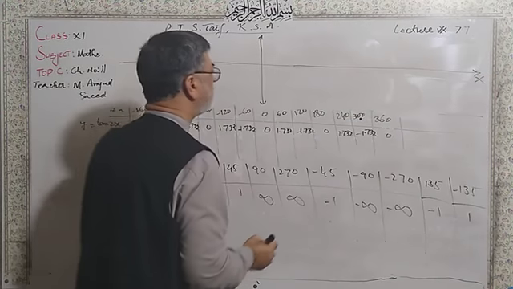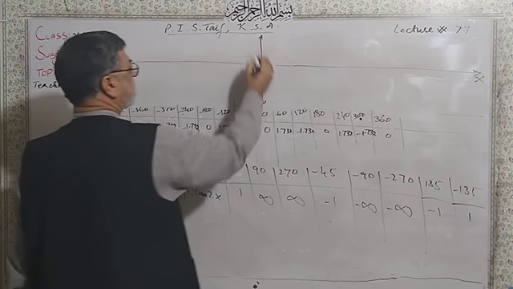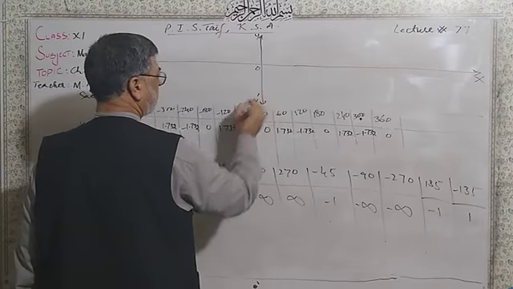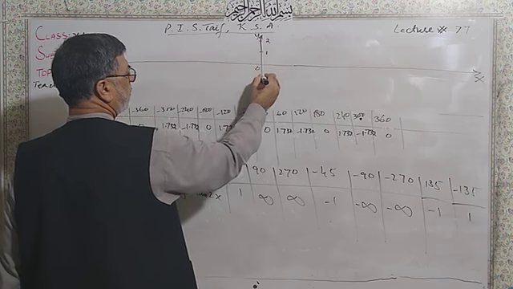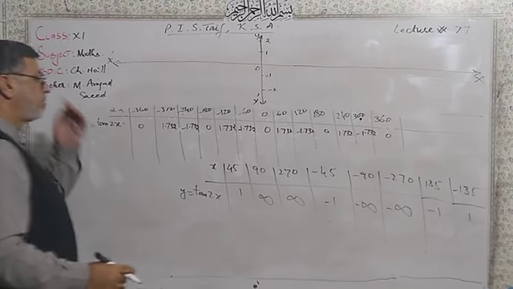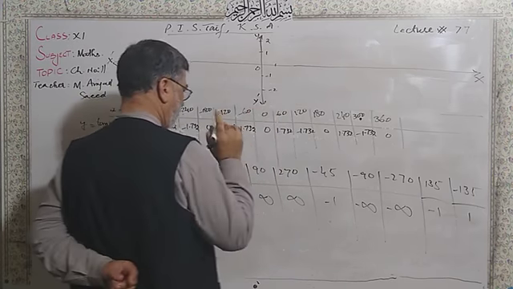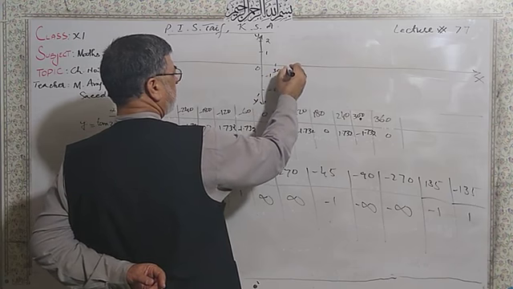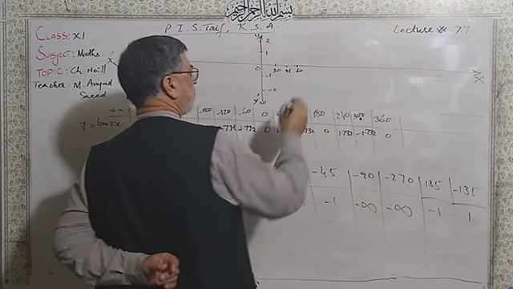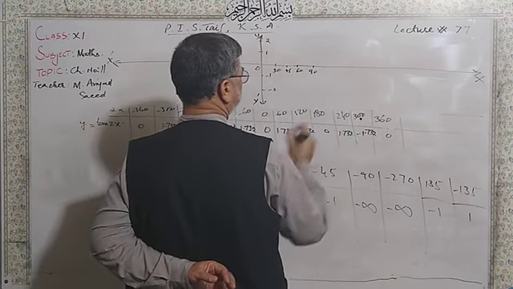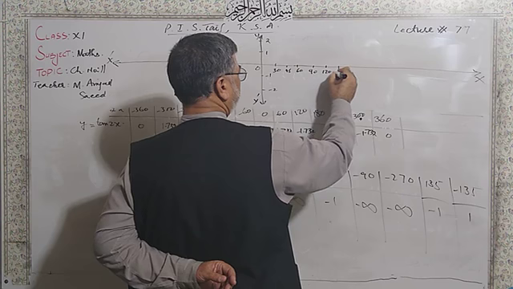This is x-axis, here is y-axis. This is 1 and 2. Minus 1 and minus 2. 0. Here is 0, 30, 45, then 60, 90, 120, 135 and 150.